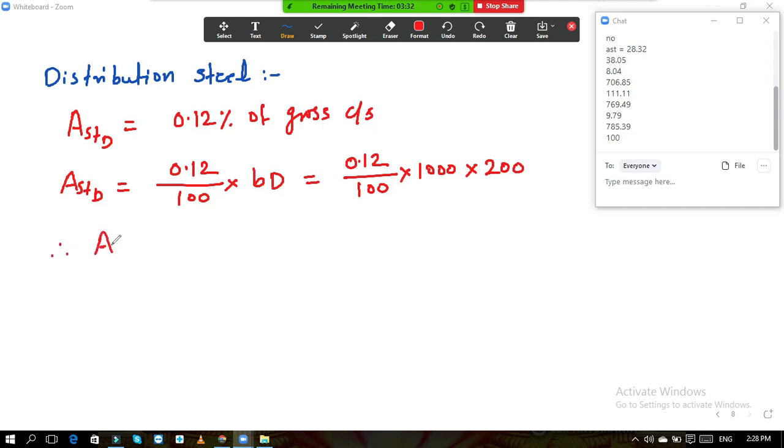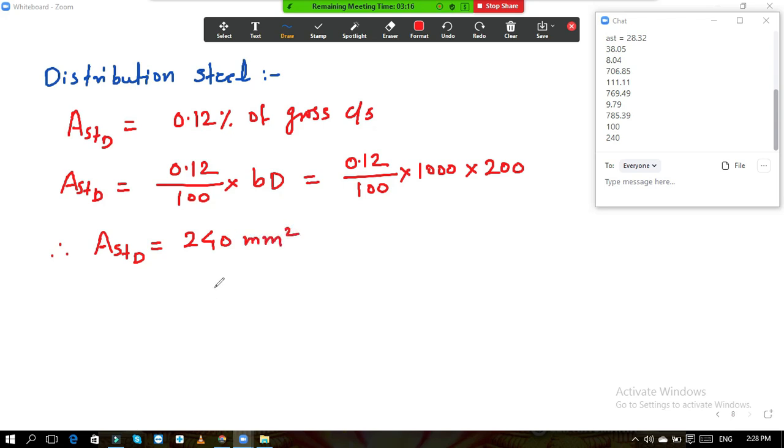Therefore, the distribution steel ASTD is equal to, what is the answer? 240. It is 240 mm square.